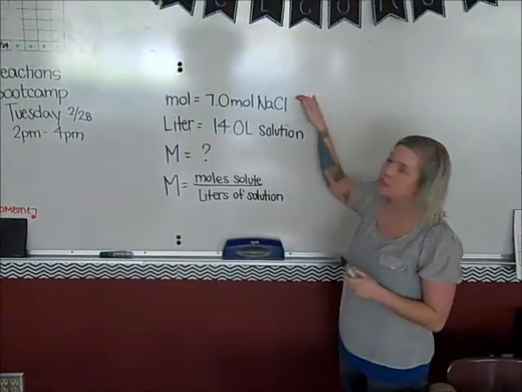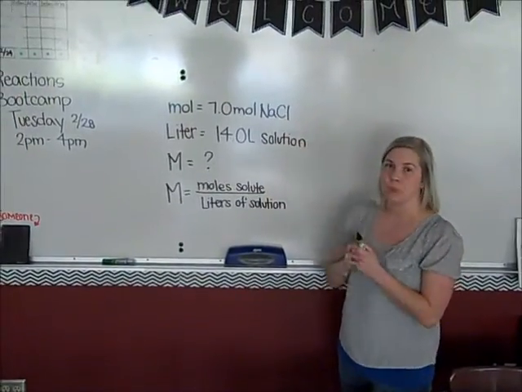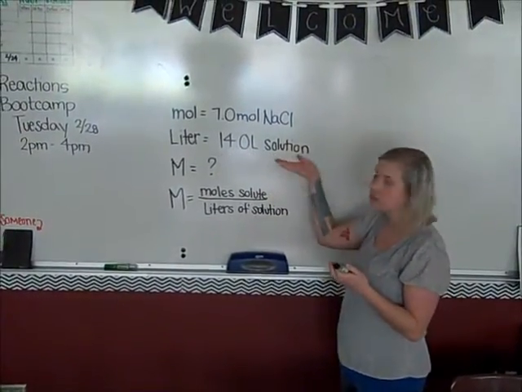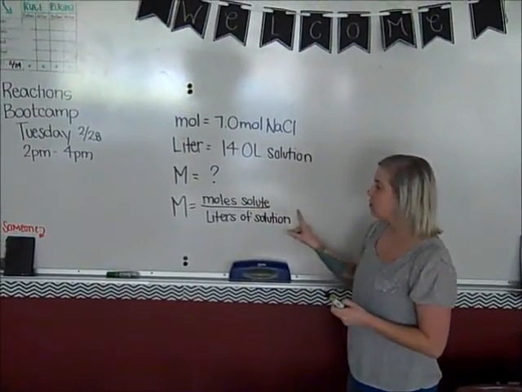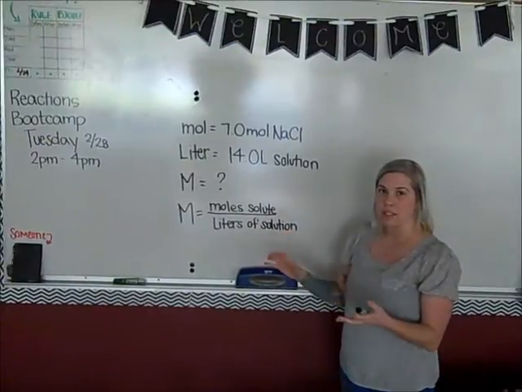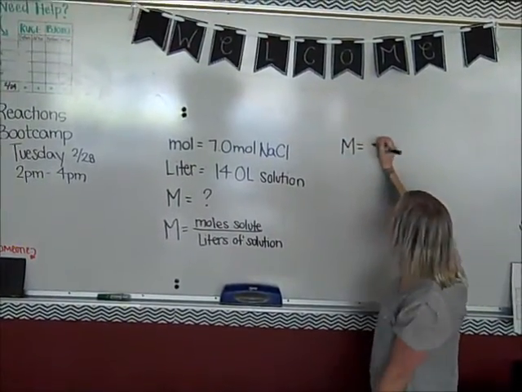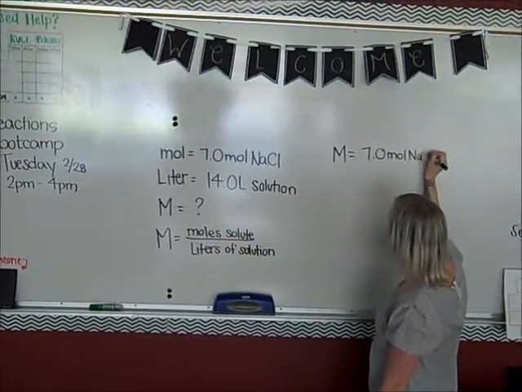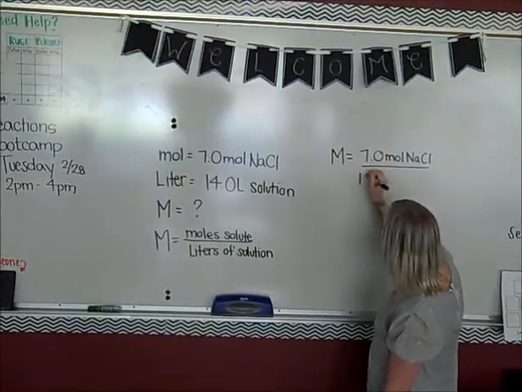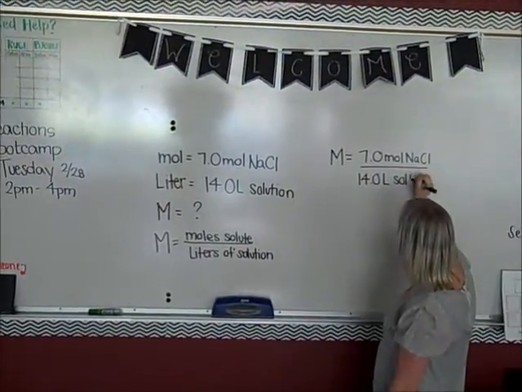We have 7 moles of NaCl. Now that is the solute in the equation, and it's in moles. And then our liters of solution was given as 14. We're looking for molarity here, so we're just going to use the equation as is and plug our values in. So we have M equals 7 moles of NaCl over 14 liters of the solution.